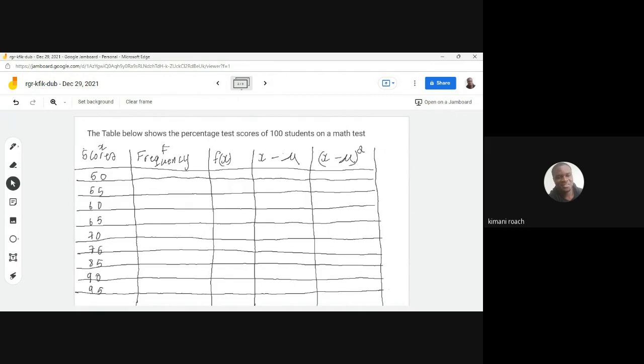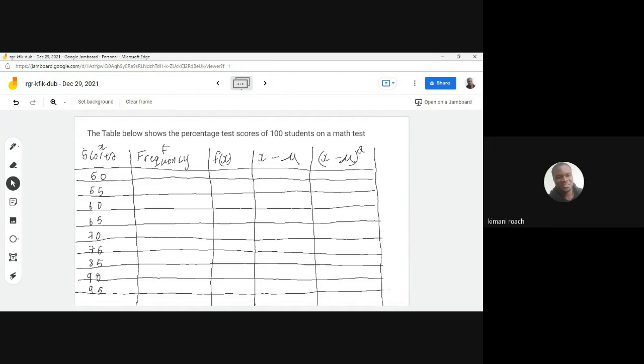Now, let us look at a very simple scenario. The table shows the percentage test scores of 100 students in a math test, and we're going to complete this table together.